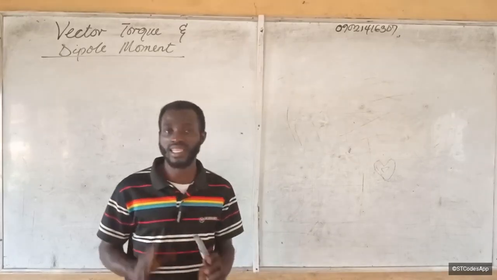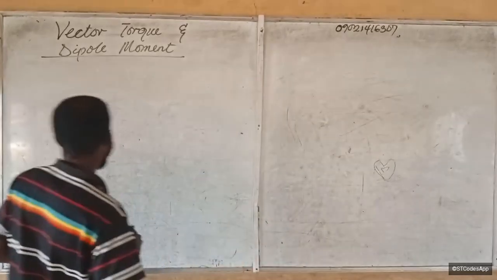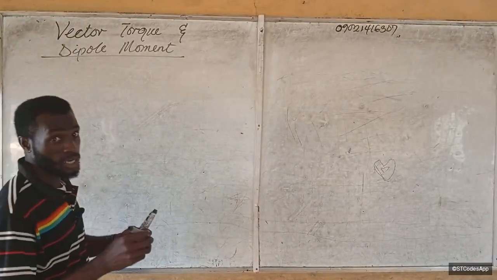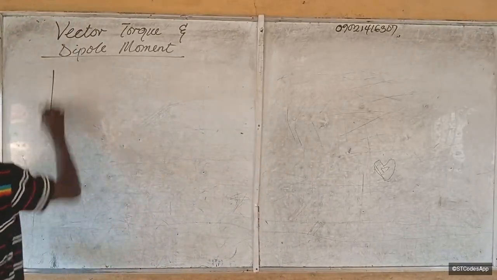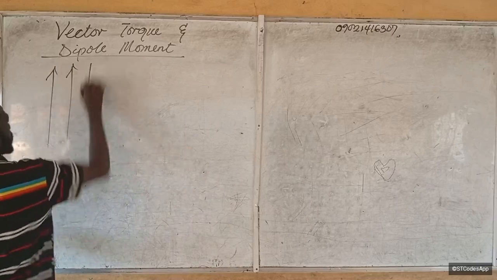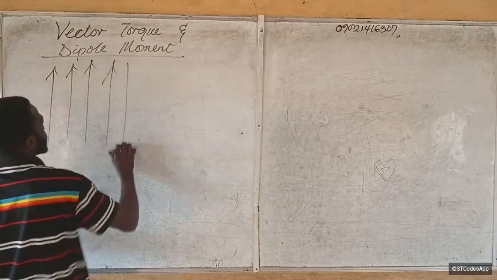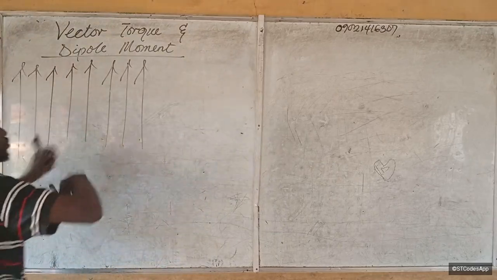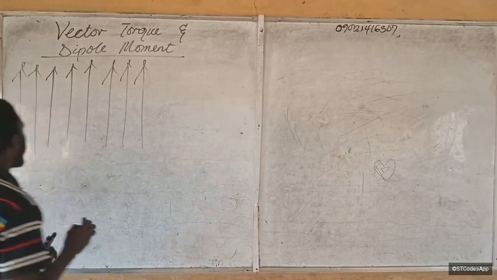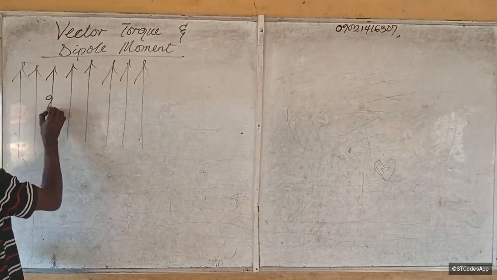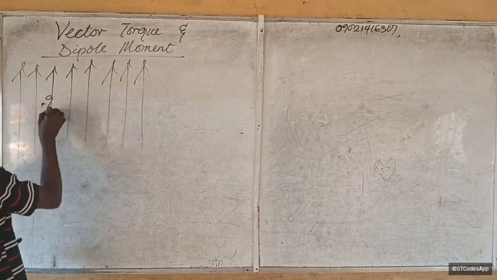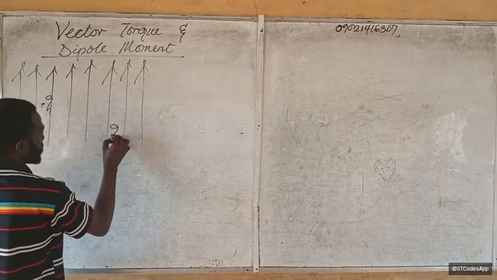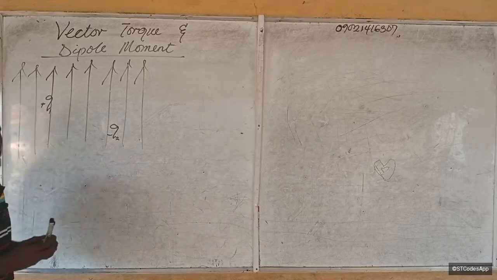But first, let's analyze an electric dipole in an electric field. Let's say I have an electric field going in this direction, from the bottom of my board to the top. And I have my charge Q1, let's call this the positive charge, and my Q2 around here, let it be the negative charge.